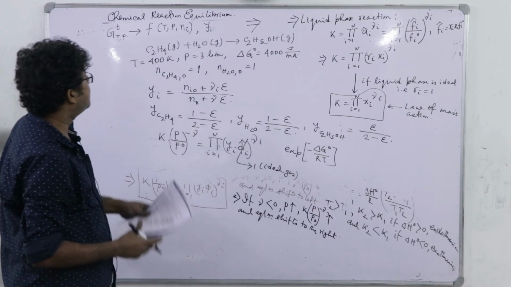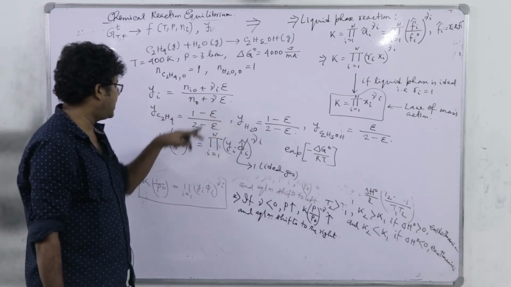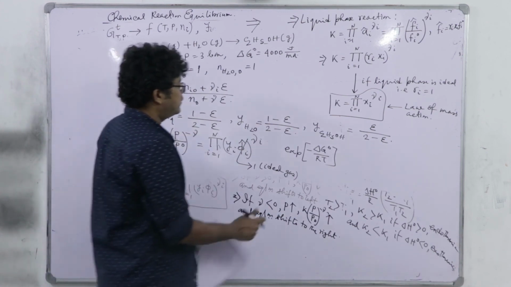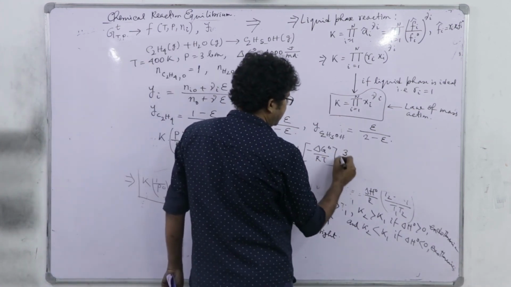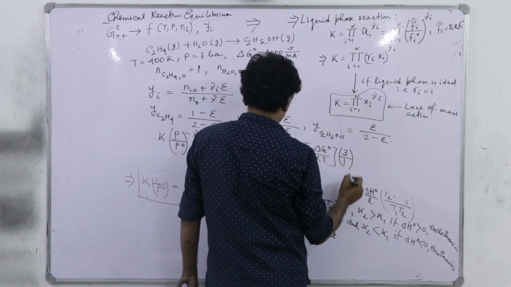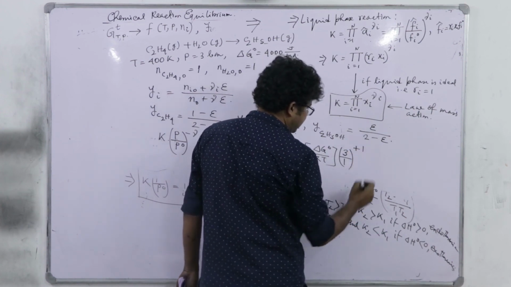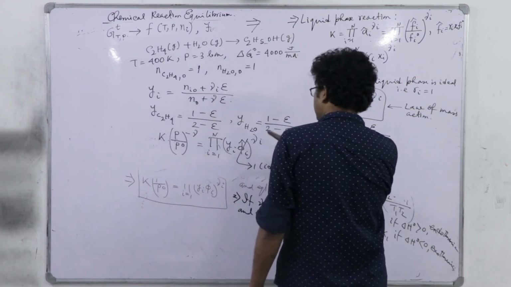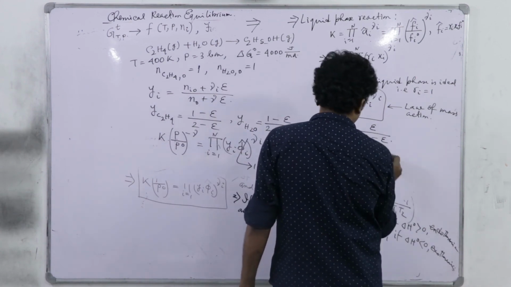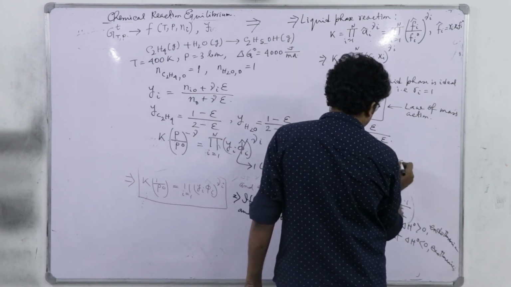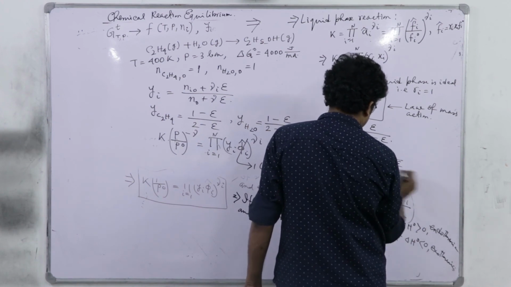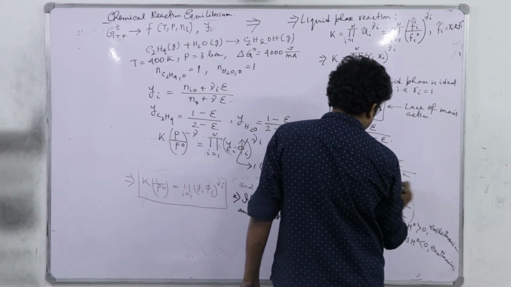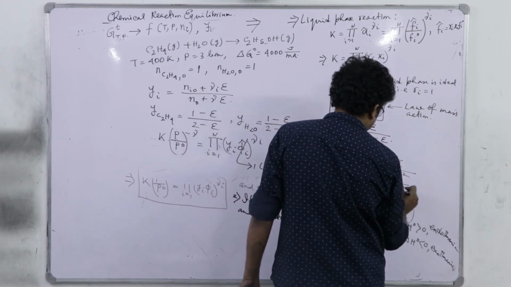Now, nu is again minus 1. So, P by P naught, P is 3, so 3 divided by 1 to the power minus 1. So, it is plus 1. So, it is 3. That is equal to yi to the power nu I. So, in the numerator is epsilon divided by 2 minus epsilon, and denominator is 1 minus epsilon square divided by 2 minus epsilon square.